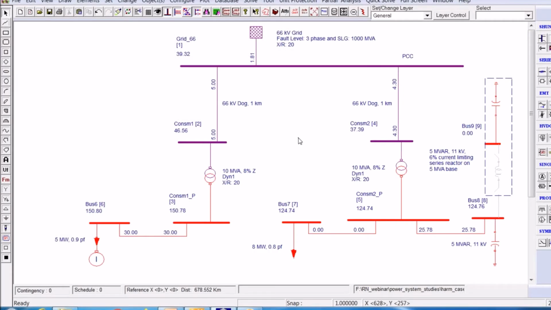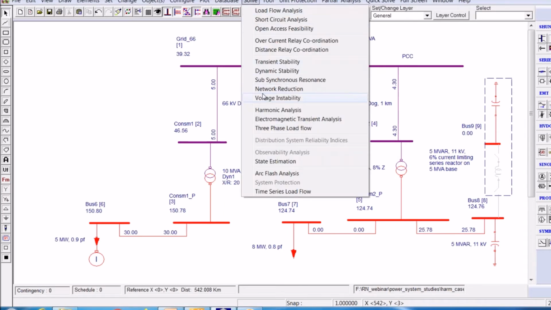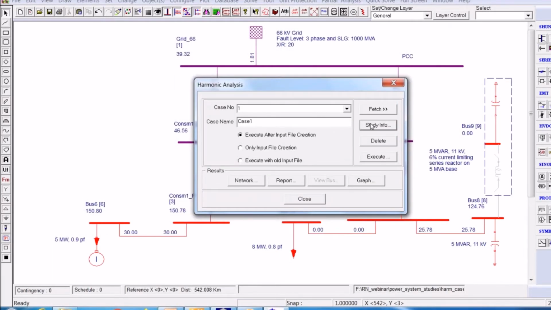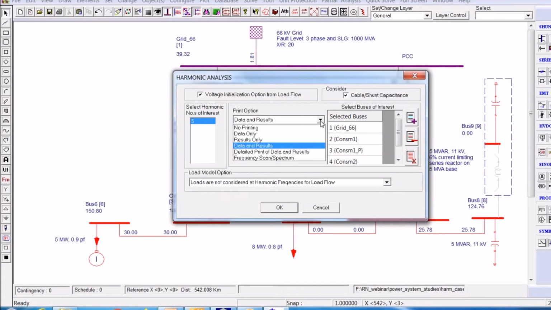Now, you can see the case here, a 5 MVAR capacitor bank is there. Afterwards, we'll try to put the case here. Therefore, 30 ampere is getting injected. When you look at the harmonic analysis study, you can see the frequency scan here. You will be able to do the frequency scan corresponding to the given bus.